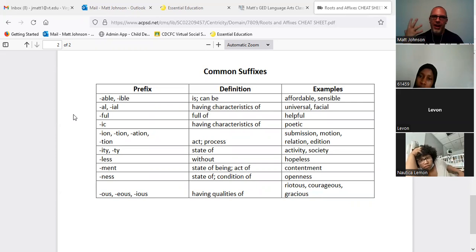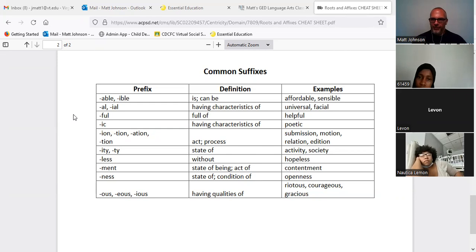Facial, meaning of the face, having characteristics of the face. Palatial, right? The palatial estate of Jeff Bezos or whoever it may be, of a palace, having the characteristics of a palace, meaning it's huge, it's grand. So that suffix adds in that way.